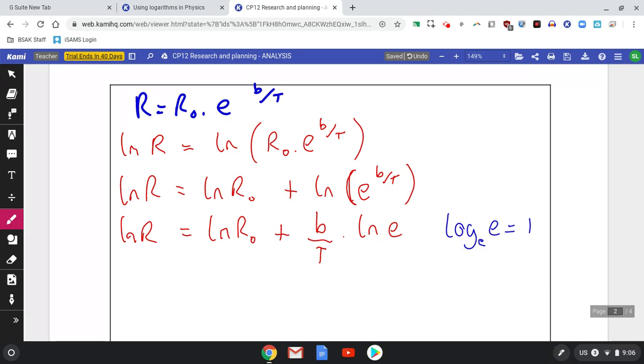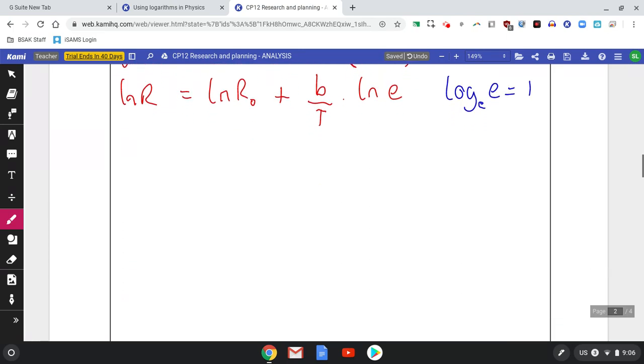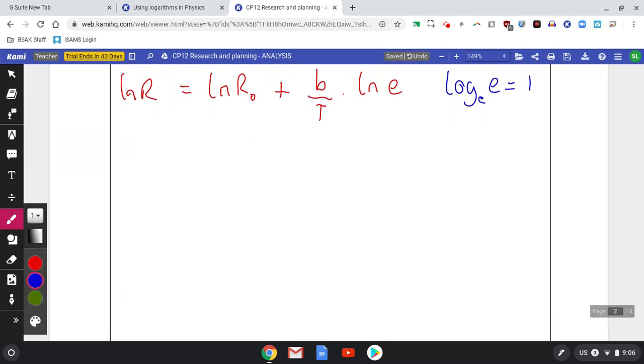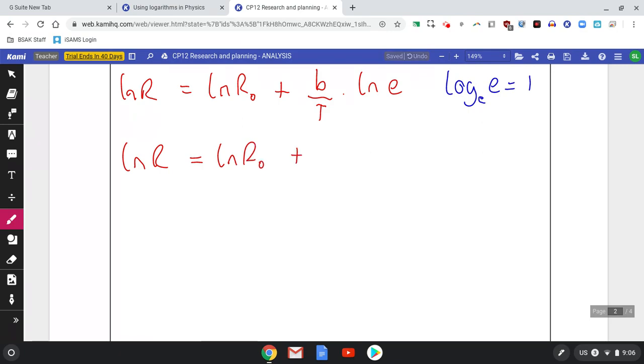Almost there. Right, so let's finish this off. Natural log R is natural log R naught plus B over T. The ln disappears. And finally, I'm going to go with natural log R equals B over T plus natural log R naught.